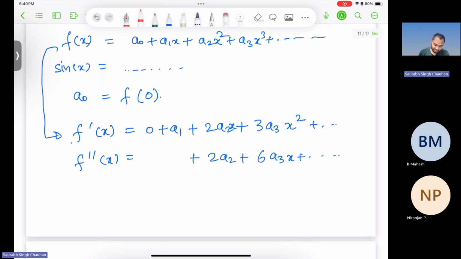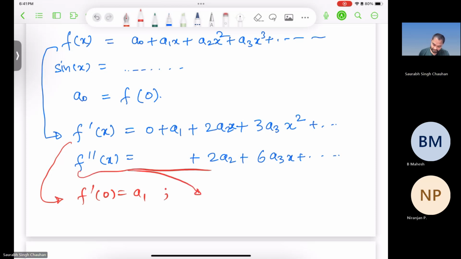For example, from this equation, if you substitute x is equal to 0, then this will be your a1. And from this equation, if you substitute x is equal to 0 in the second derivative, you will get 2a2. So a2 will be 1 by 2.